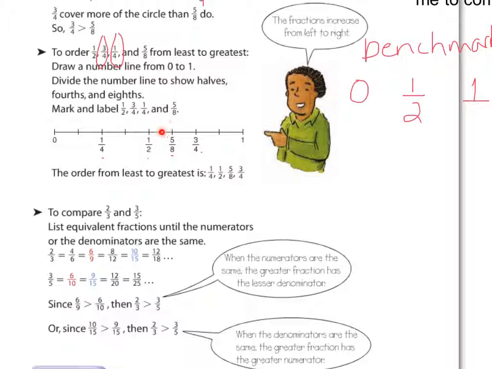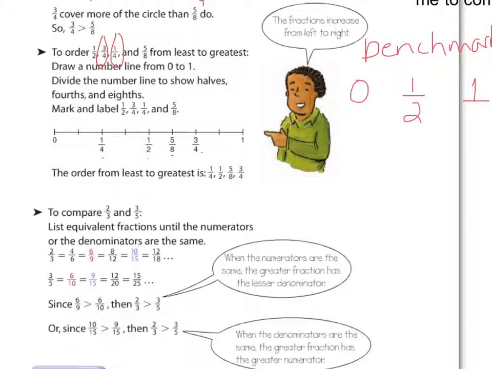Benchmarks get tricky when it's 5/8 and 3/4 because it's sometimes hard to know which one is closer to the 1 benchmark. So at that point you might need to draw out your line very carefully and look at those two carefully. So that would be number lines, with the addition of using benchmarks a little bit to assist you.